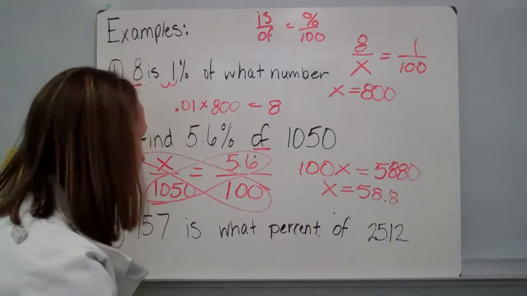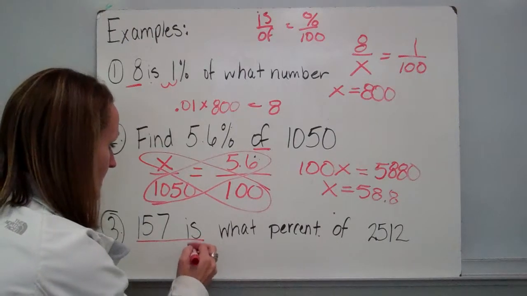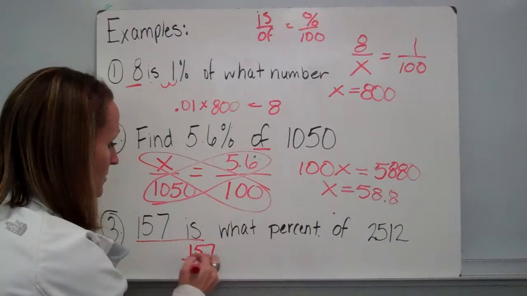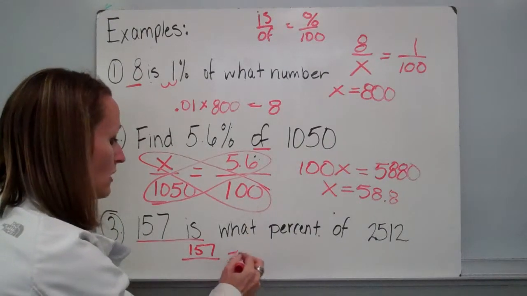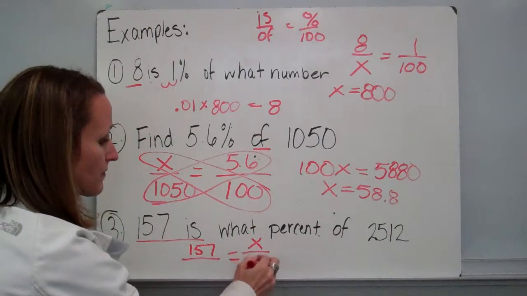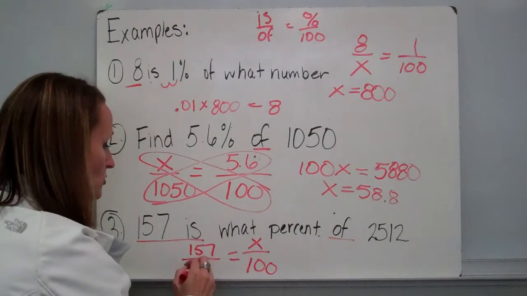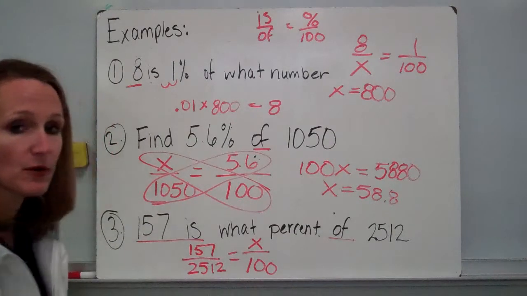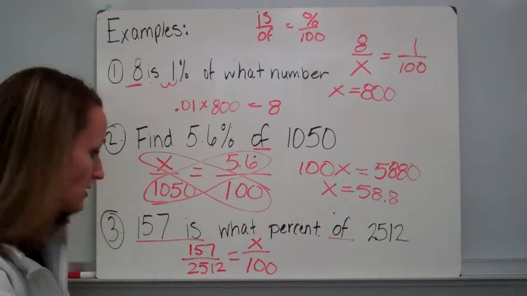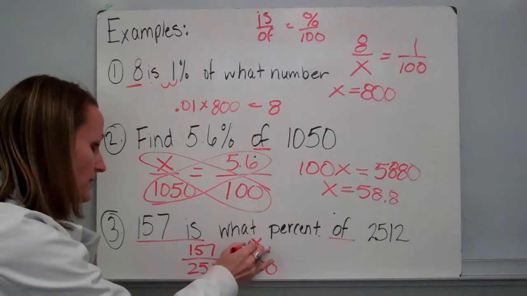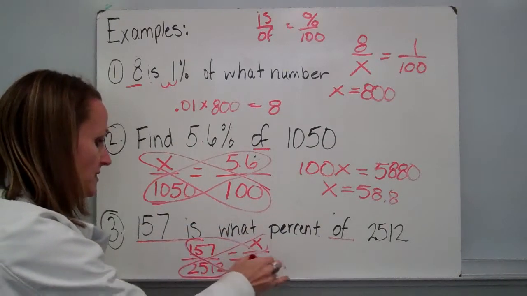So let's do one more, okay? So this time, 157 is, so that means that 157 is my is number. What percent? So what am I looking for in this problem? I'm looking for the percent of 2512. So 2512 is obviously my of number. So here's my proportion. When I go to solve, I'm going to do 2512 times x and 100 times 157.